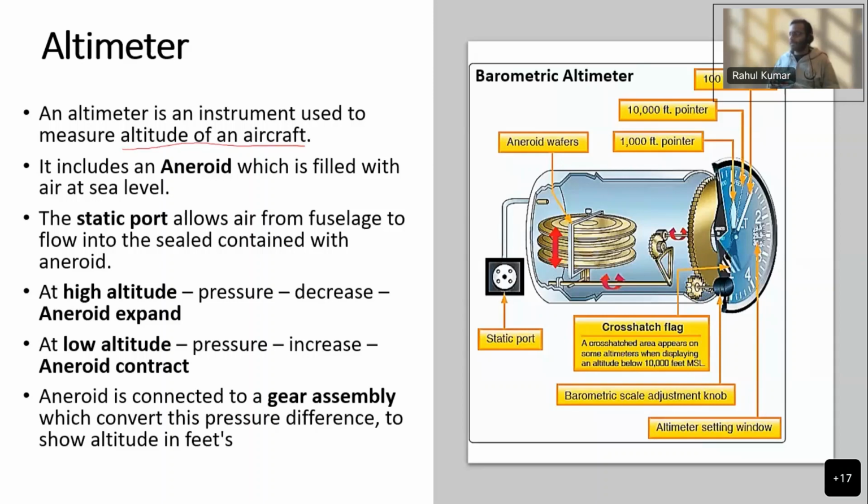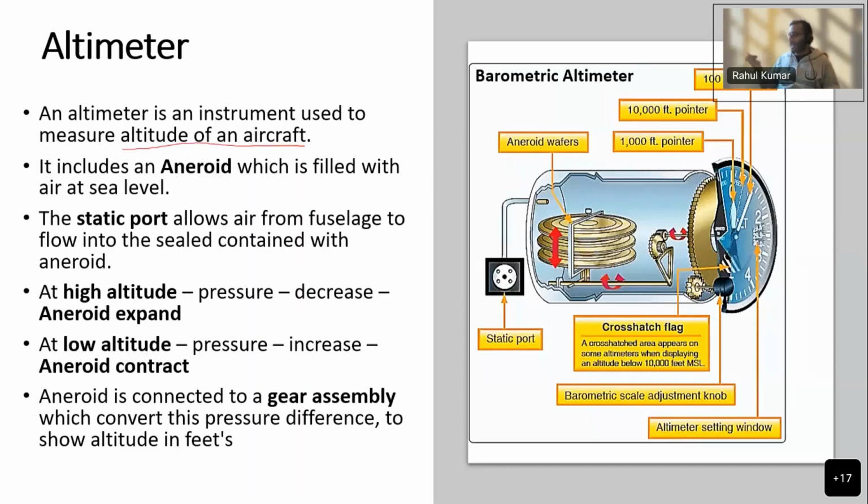You have something like a radio altimeter, which uses radio waves to measure the altitude of the aircraft, and also a GPS altimeter, which uses GPS location and signal to find out the altitude of the aircraft.